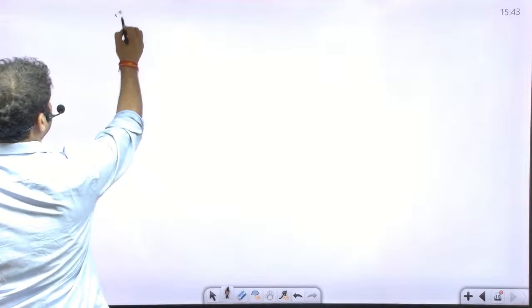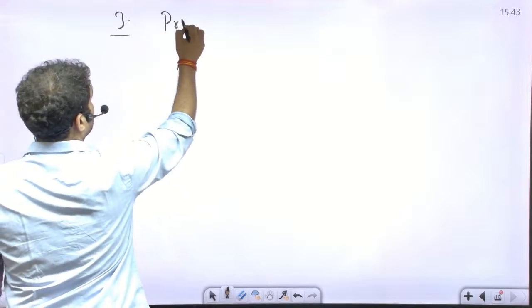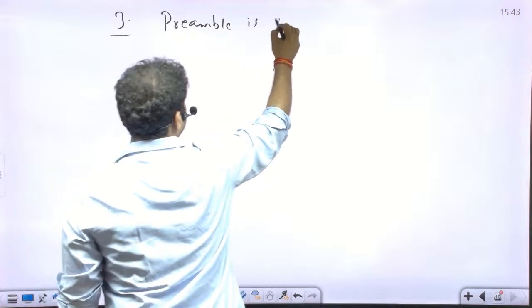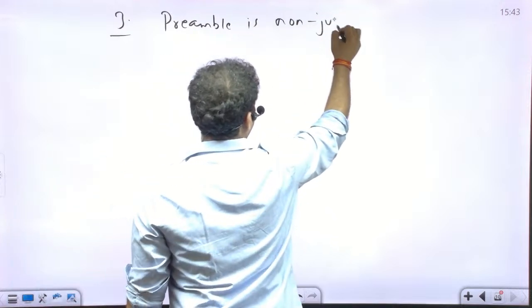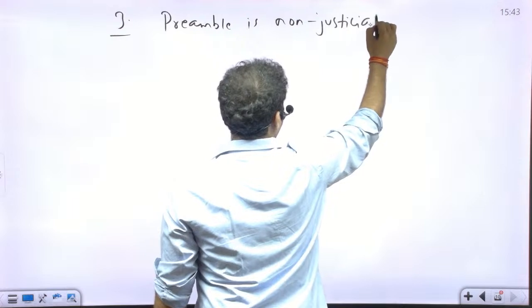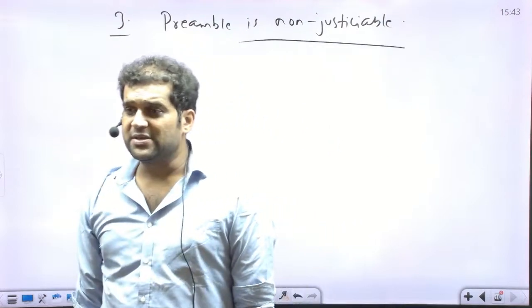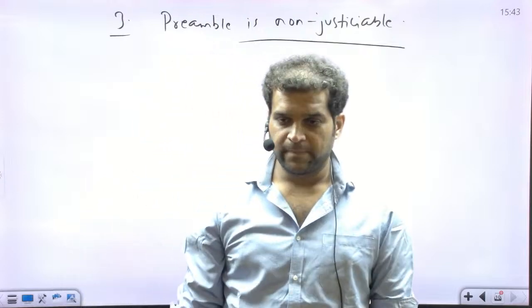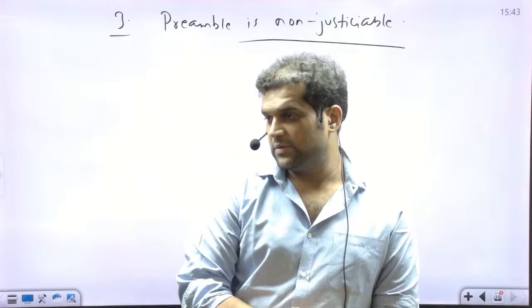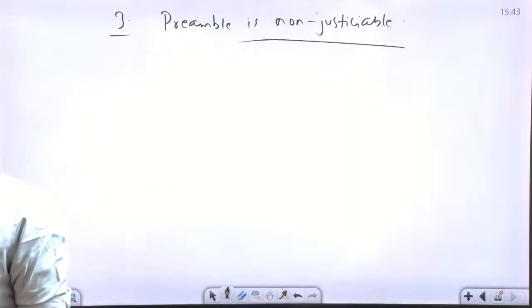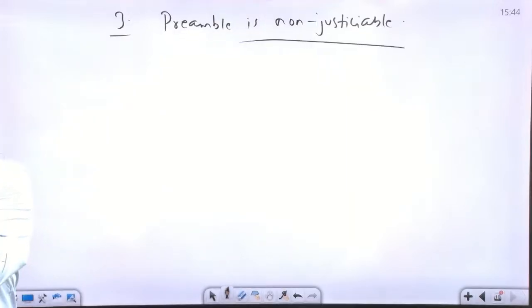The third point we have to keep in mind is that the preamble is non-justiciable. Now who will tell me what it means? The preamble is non-justiciable. What does it mean?